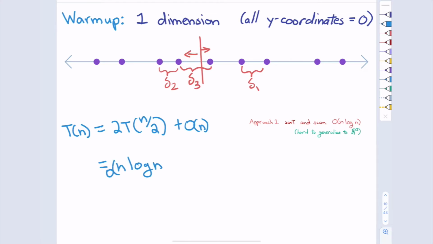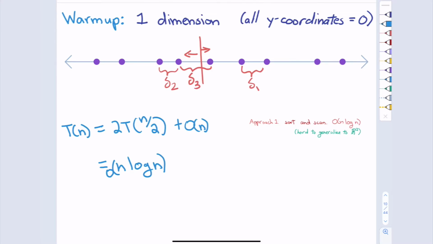Okay. We'll get n log n. So that's an alternative approach. It's a little different than sorting and scanning, because merge sort doesn't divide in half that way. The sort divides in half arbitrarily.